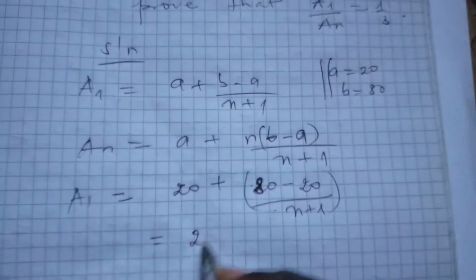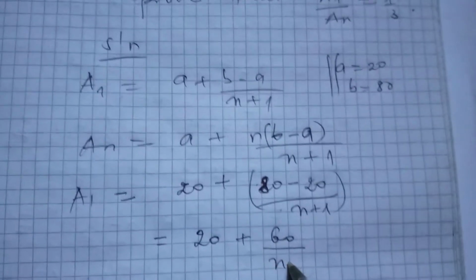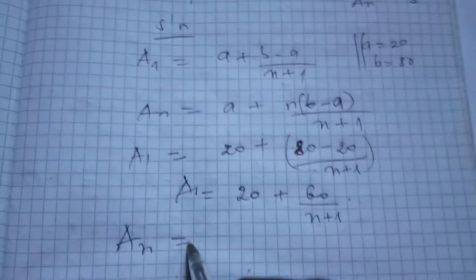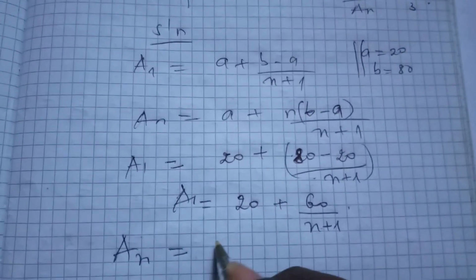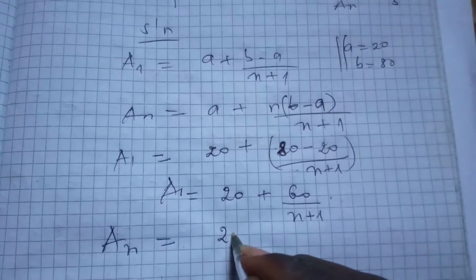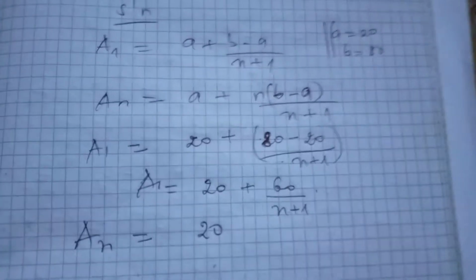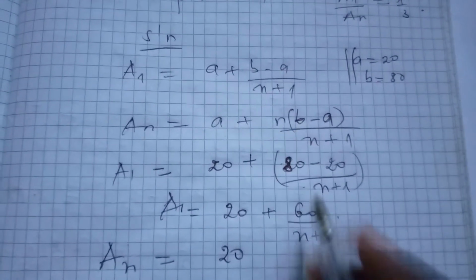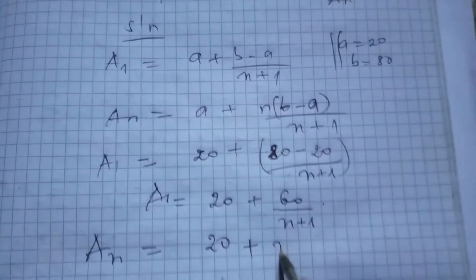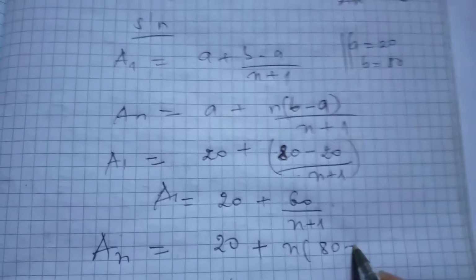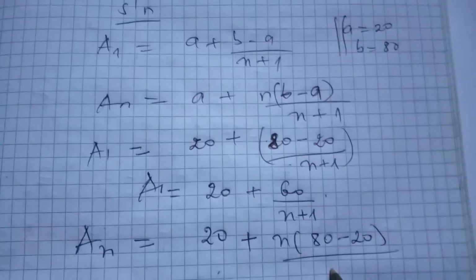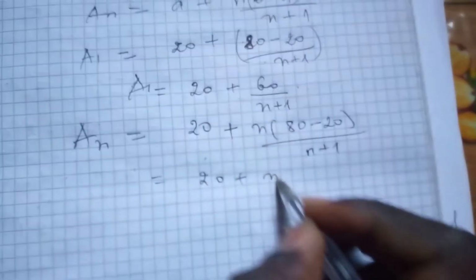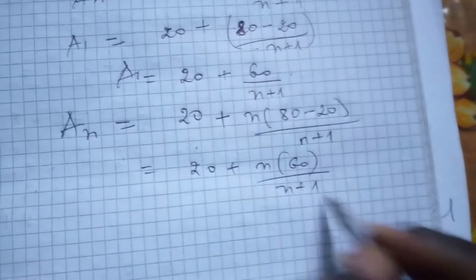And this will be equal to 20 plus 60 over (N plus 1). This is A1. Then AN will be equal to 20, as the first term, plus N times (80 minus 20) divided by (N plus 1). So this will be equal to 20 plus 60N over (N plus 1).